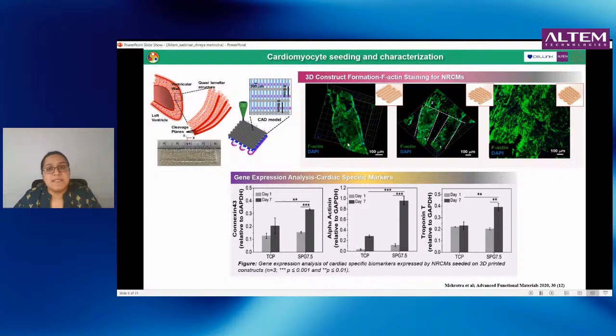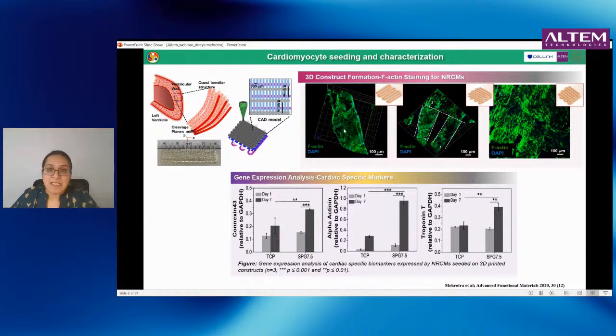We saw that these cardiomyocytes had formed a 3D organ, as we can see here. It was densely populated, and each of these cardiomyocytes was attached along the microfibrous structure. So we could get a 3D construct, and we could define the arrangement as per the design of the construct that we were giving through the bioprinter.